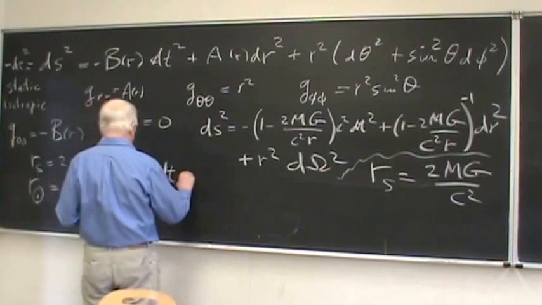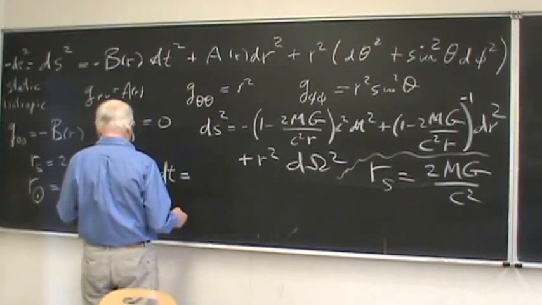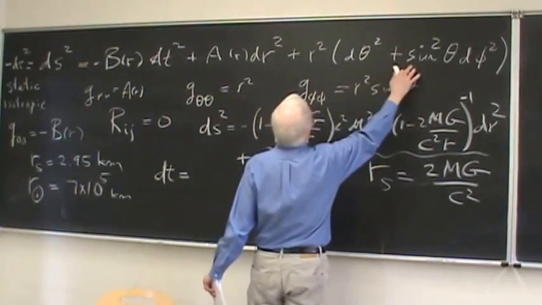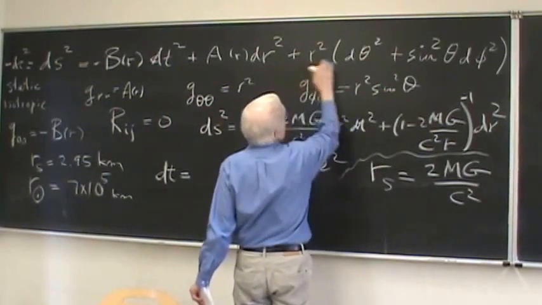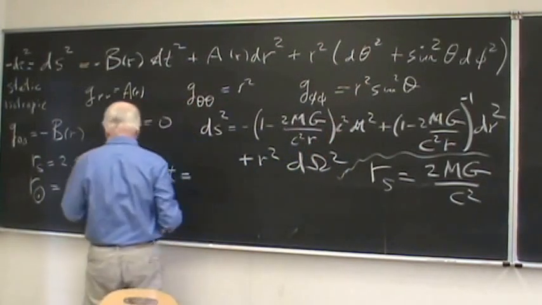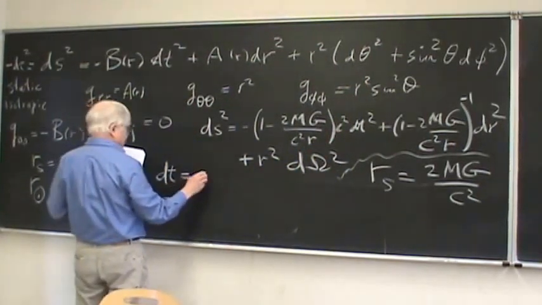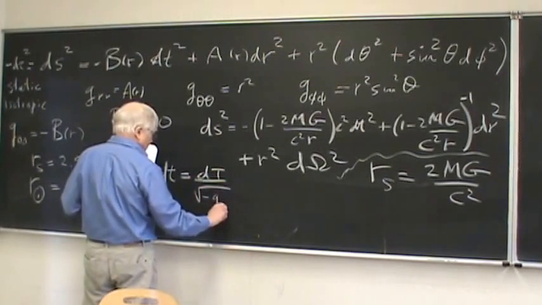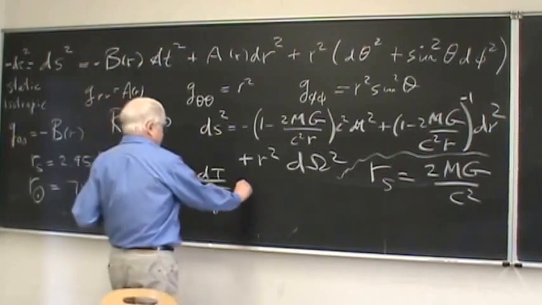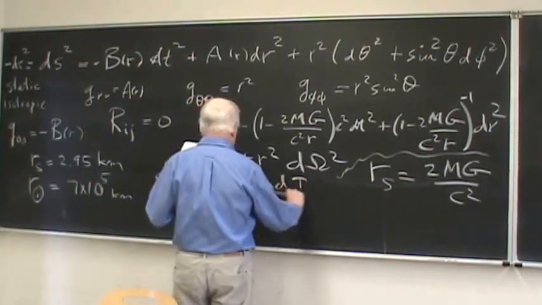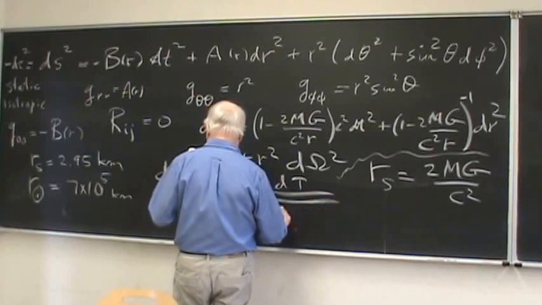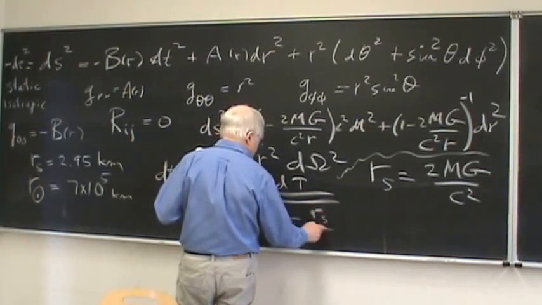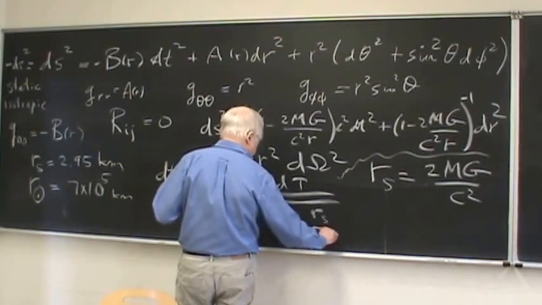Well, if we're thinking about a case where there's no movement of dr or d angle, then dt is d tau over the square root of minus g00, and that is then the proper time divided by the square root of 1 minus, effectively, the Schwarzschild radius over r.